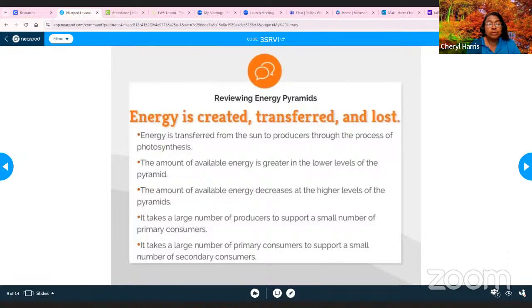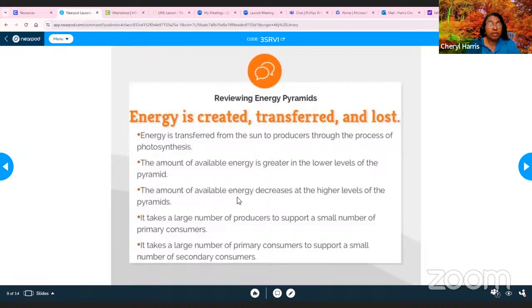All right, and this is a review. The energy is created by the primary consumers, it is transferred to the next consumer, and then some of it is lost as heat energy. Take a minute to read that over.